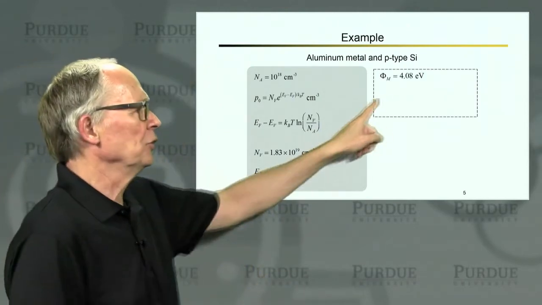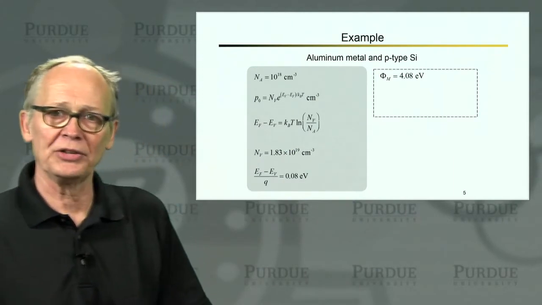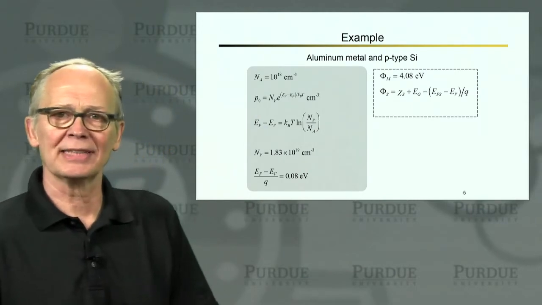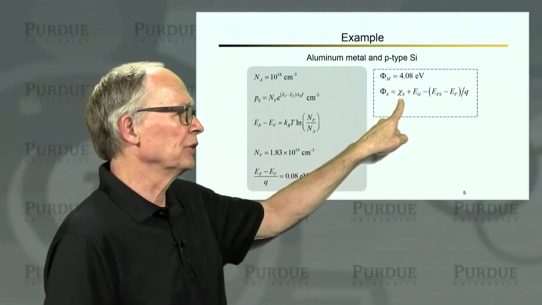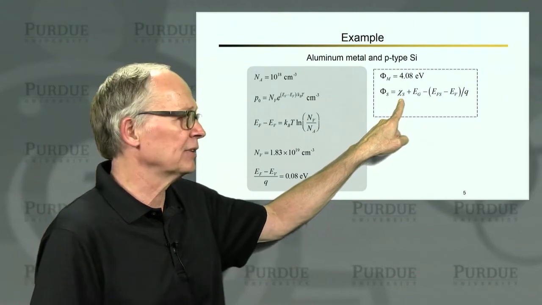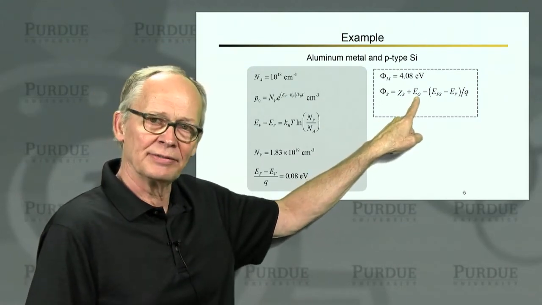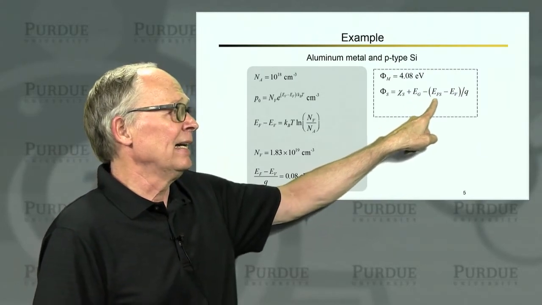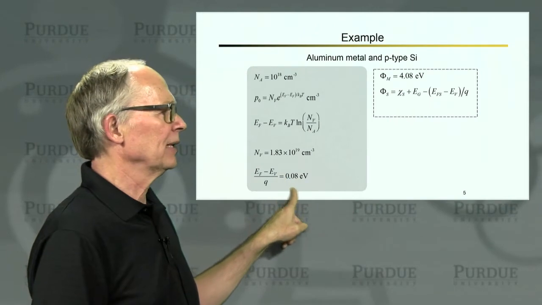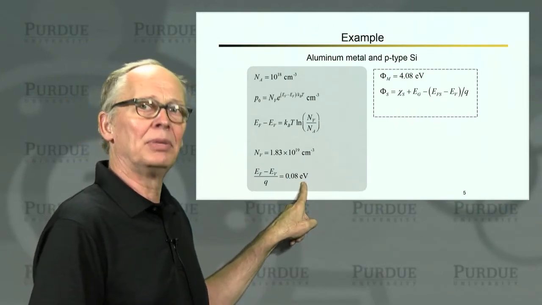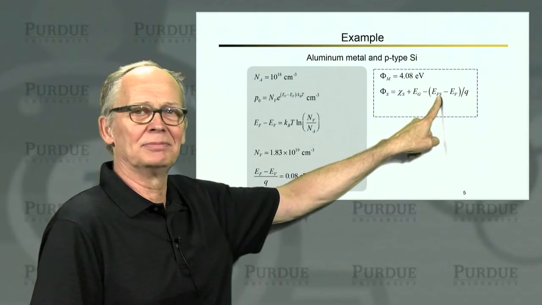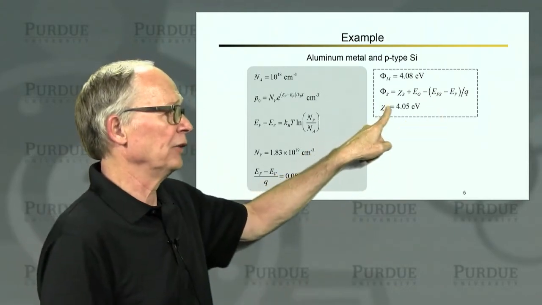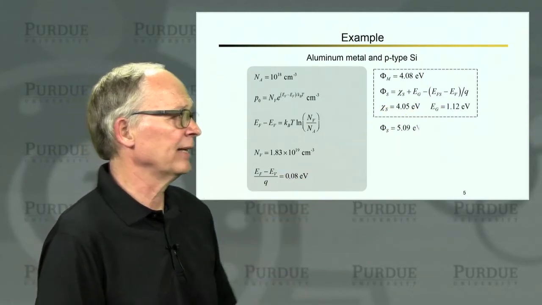Okay. Now, if I use aluminum, its work function is 4.08 electron volts. I need to figure out the work function of the semiconductor. So first I go down to the conduction band. That's the electron affinity of the semiconductor. Then I go down to the valence band. That's the band gap of the semiconductor. But I've gone too far because the Fermi level is 0.08 eV above the valence band. So I've got to subtract off that difference. I know numerical values for the electron affinity of silicon and for the band gap of silicon.